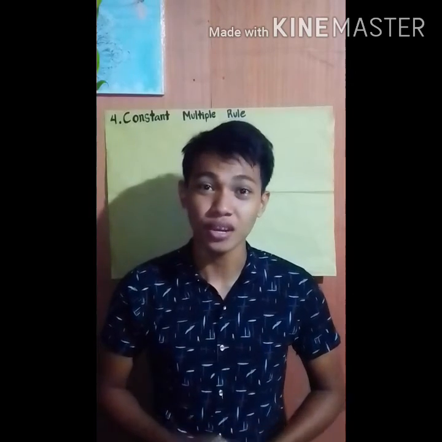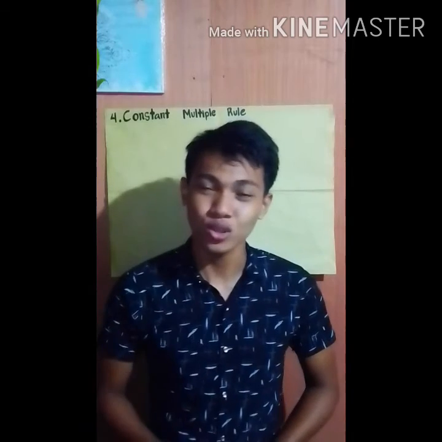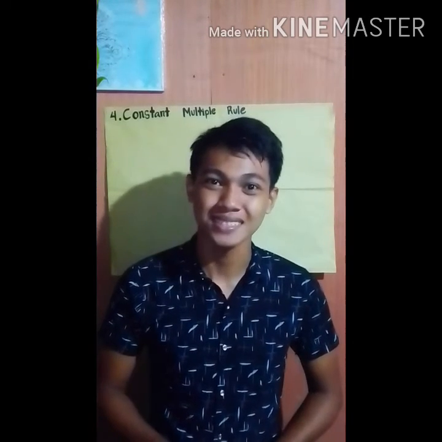For rule number 4, constant multiple rule. But before that, what is the constant multiple rule? Constant multiple rule is a rule in calculus where you can move the constant out of the function when it comes to the derivative of that function. So here is what I mean.